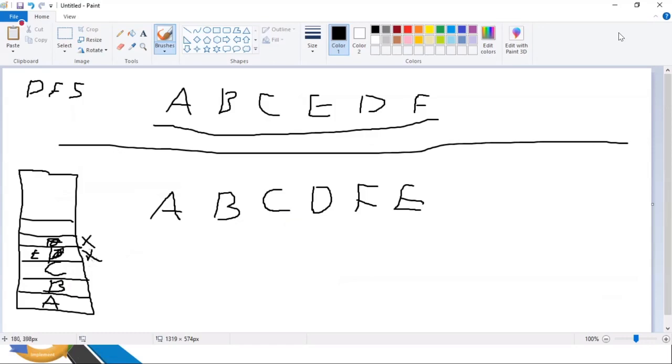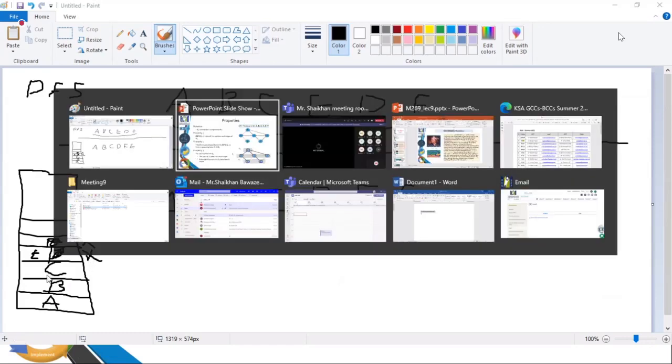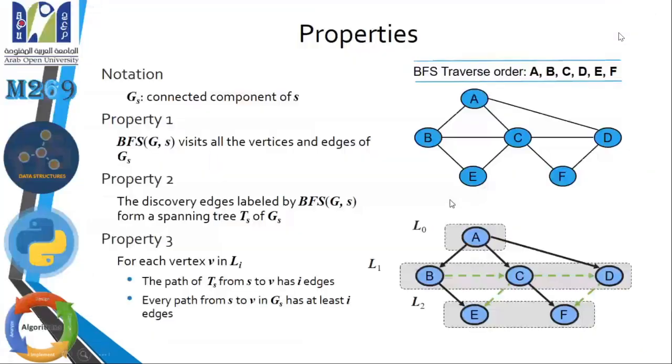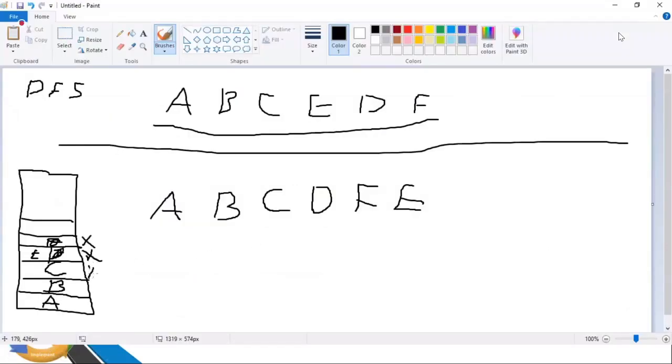So remove. Then C. All of them also visited. Remove. Then B. Visited all. Remove. A. Remove. So that is my reading.